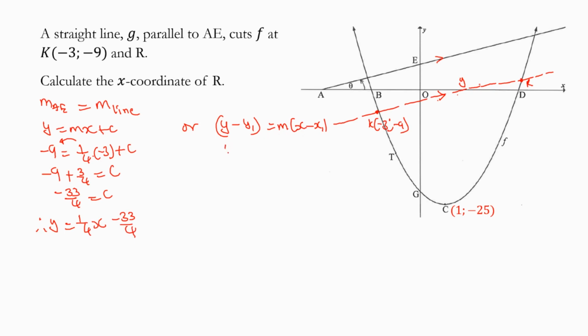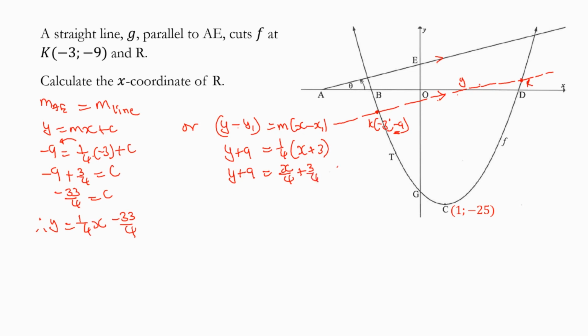We said we can also use the other form. We can say this is y minus -9, which is going to be plus 9, is equal to m, which is 1/4, times x minus -3, which is plus 3. Then y plus 9 is equal to x/4, which is just the same as 1/4x, plus 3/4.